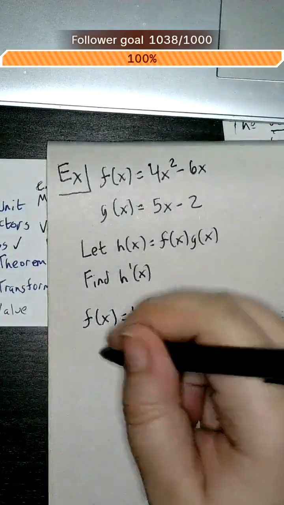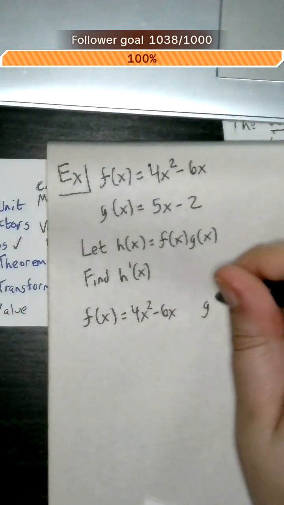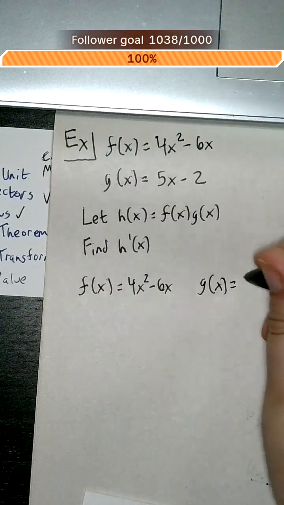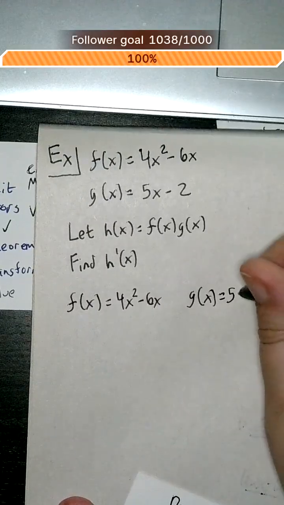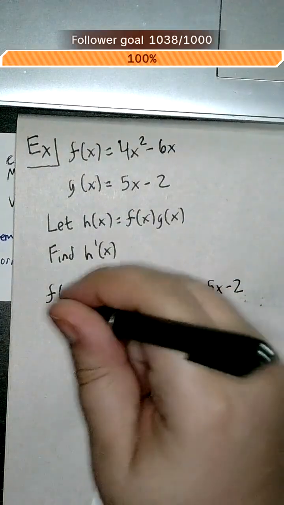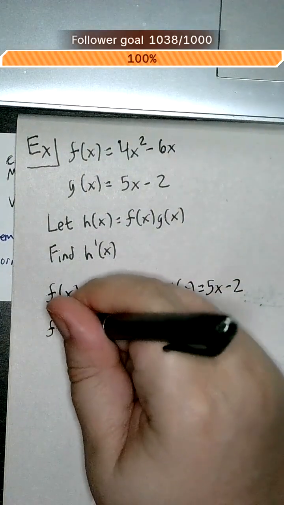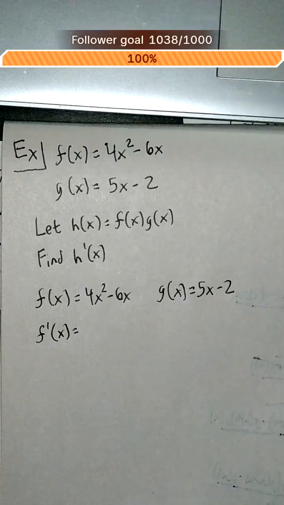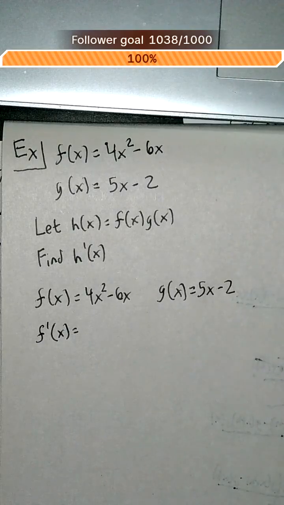And g of x over here, g of x equals 5x minus 2. What is the derivative of f?